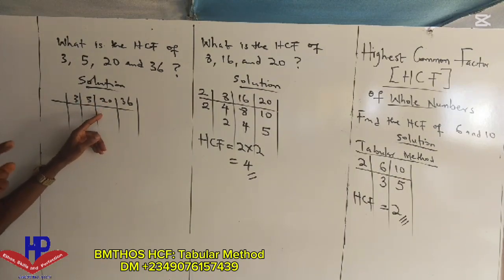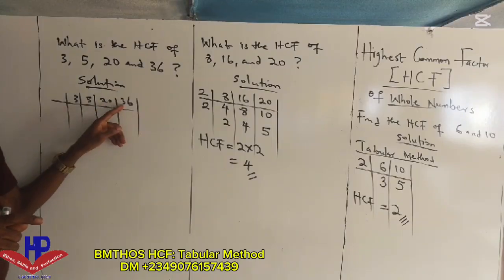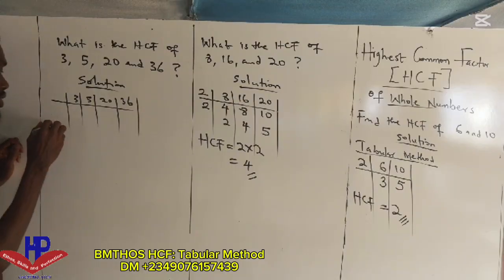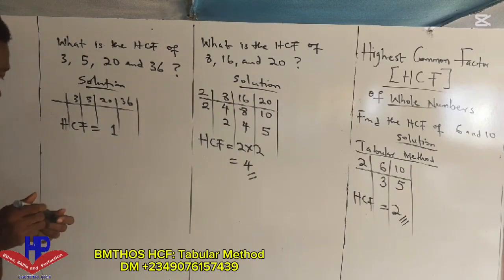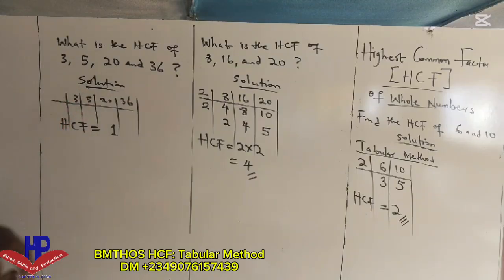Look for a number that can divide 3, 5, 20, 36 at the same time. There is no number that can do that. So our HCF is equal to 1. That is the answer. This is how you go in solving problems that have to do with HCF using the tabular form.